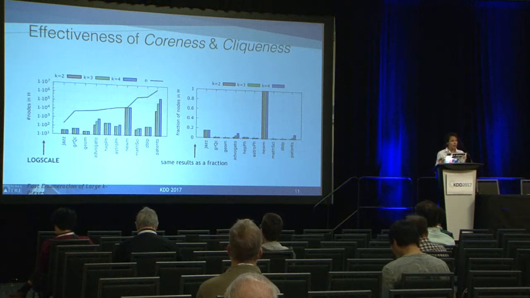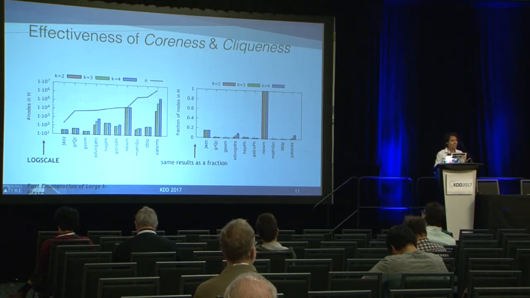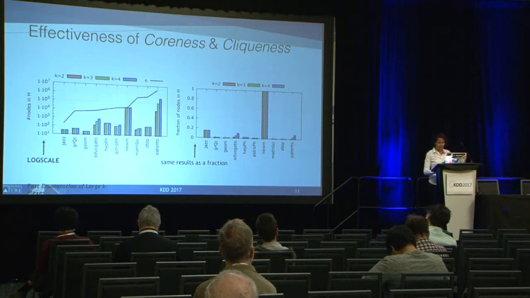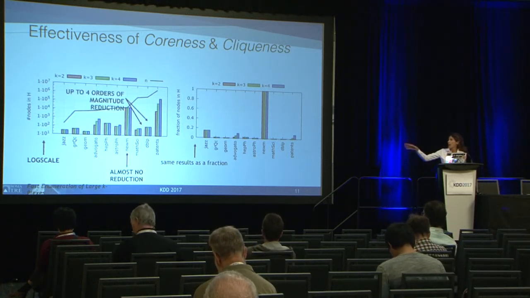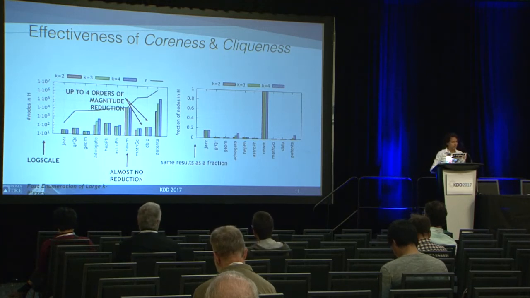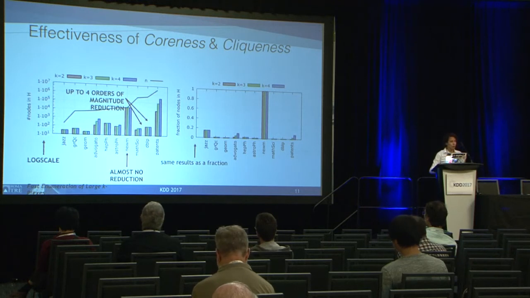Note also that one particular graph, and we will see later why, cannot benefit from our heuristic, as filtering does nothing here, and all the nodes are left. We will see why. So in general, we have up to 4 orders of magnitude reduction, and in one particular instance, we have no reduction at all.